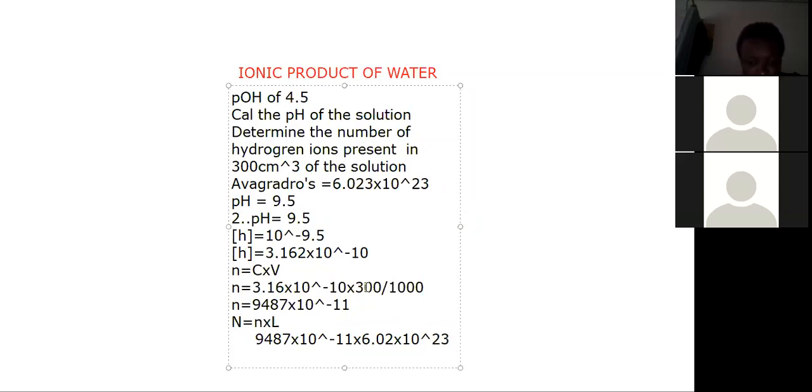So the answer we are going to get will be the number of hydrogen ions. What are you getting? 5.711 times 10 raised to the power 13 ions, or entities.